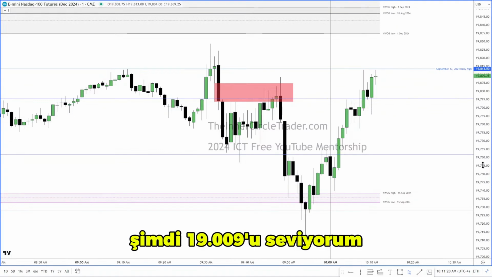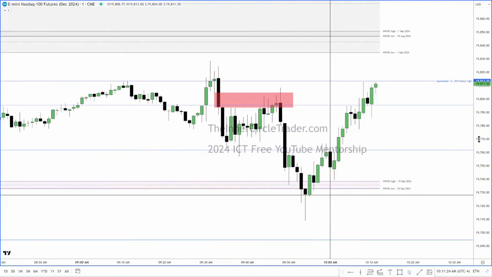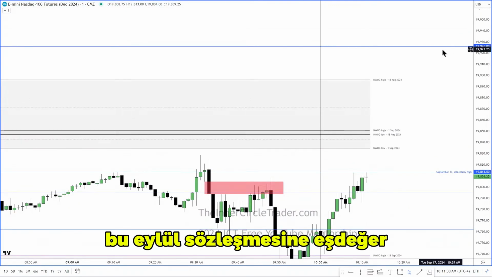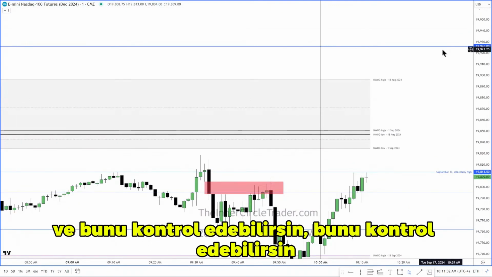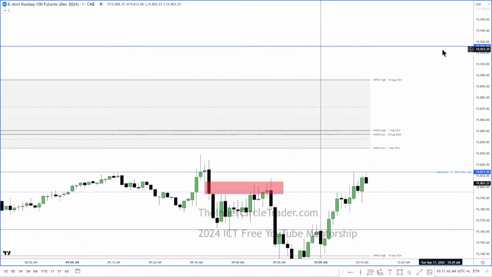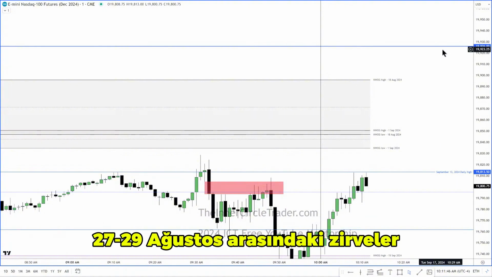Now I like the 19,026 level. That's the equivalent of the September contract, and you can check that out. Look at your hourly chart on the NQU 2024 on TradingView, and then look at the August 27th through 29th highs.